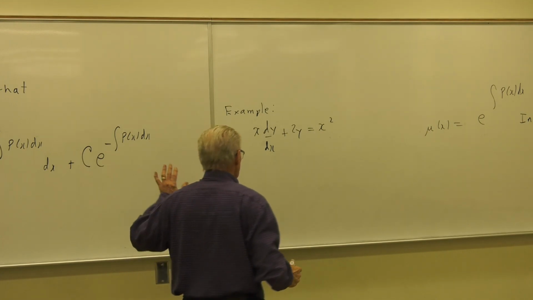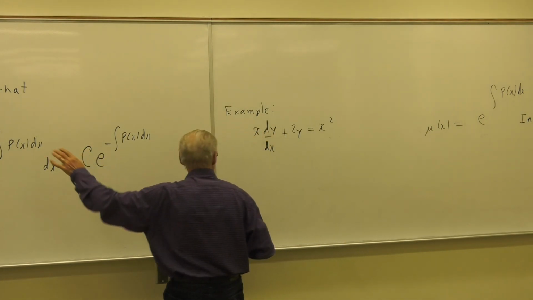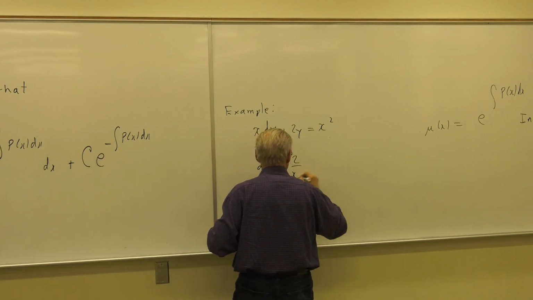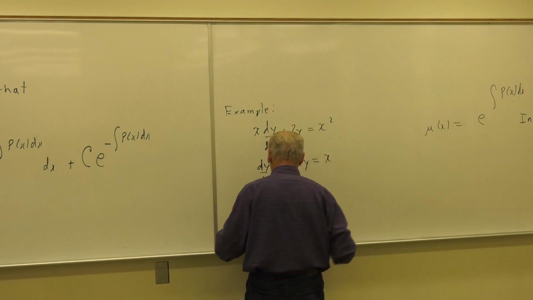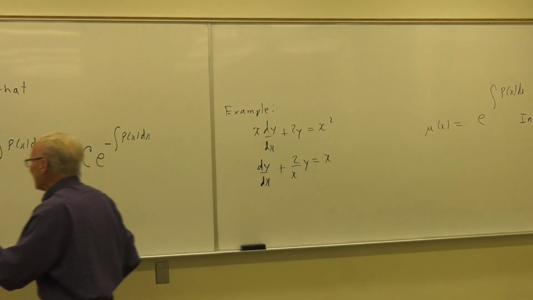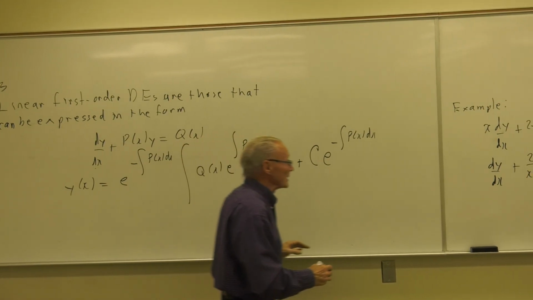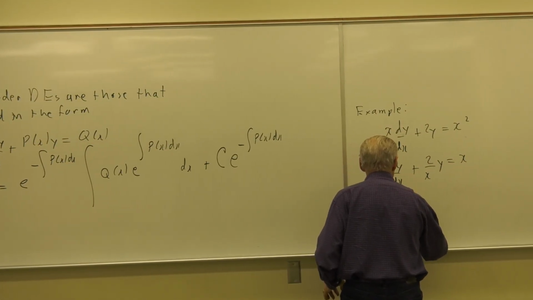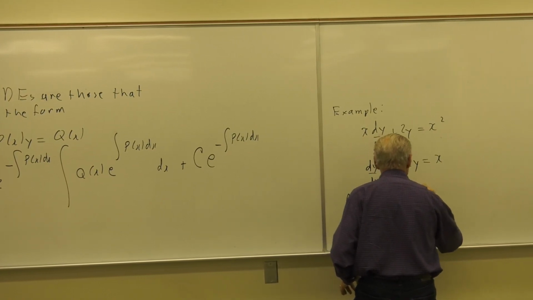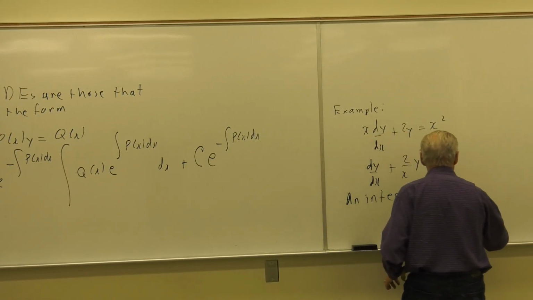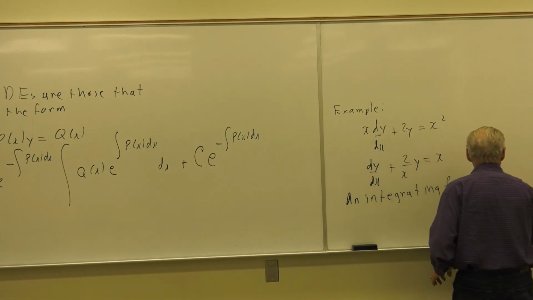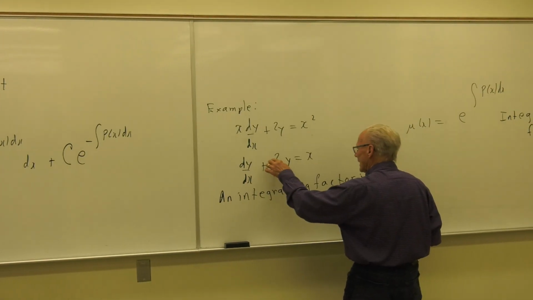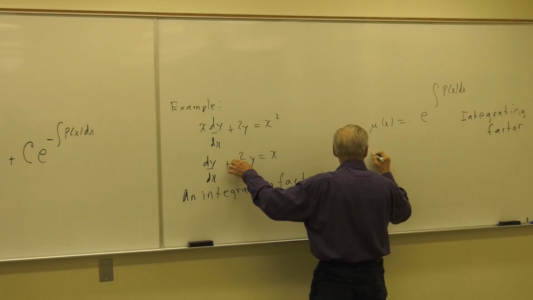I said, first thing I was going to do is write it in the required form, and it is necessary. dy dx plus 2 over x times y is equal to x. There. It's now in this form. And so we can say an integrating factor is, by the formula, e to the integral of the p guy, which is 2 over x dx.